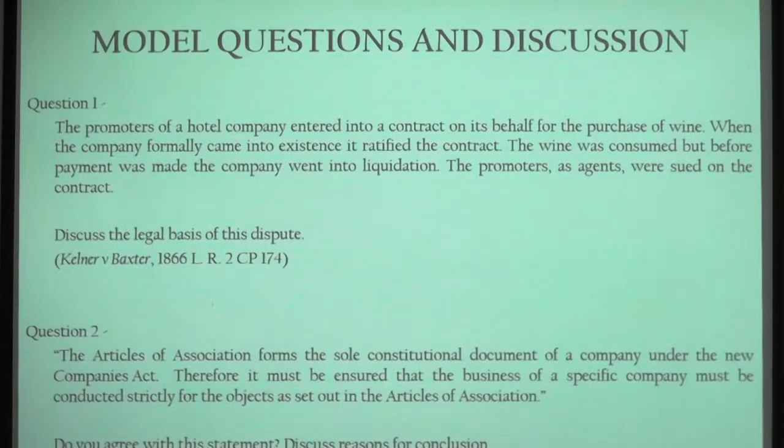When the company formally came into existence, the company ratified the pre-incorporation contract. The wine was consumed, but before the payment was made, the company went into liquidation. The promoters as agents were sued on the contract. So, now the question here is: discuss the legal basis of this dispute.